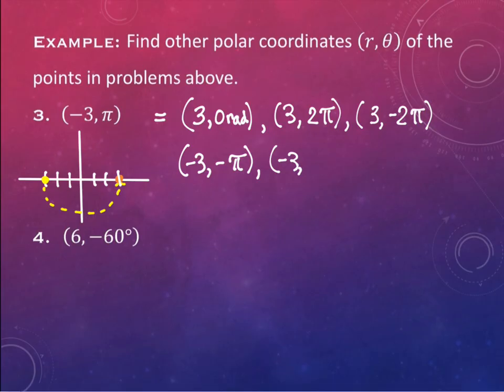I could do 3 pi. Let's do one more just for fun. Your pick. What could we do? Negative 3 and what? Negative 3 pi. We could do 5 pi or negative 5 pi, right? We have these same possibilities over and over and over again going around and around.